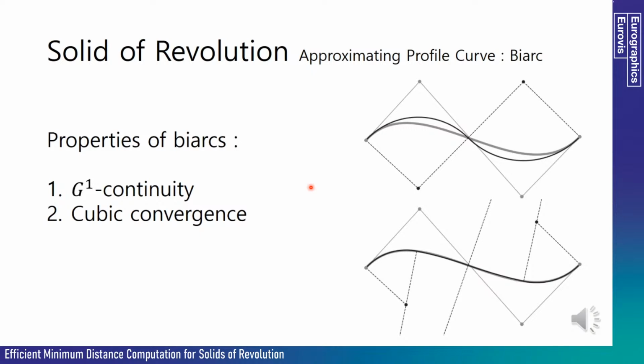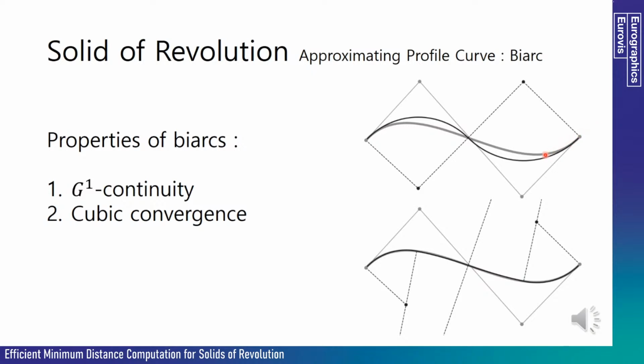Here, let me introduce some properties of biarc approximation. In the example shown on the right, you can see 2 circular arcs approximate the original curve. The 2 circular arcs, or biarcs, have the same tangent directions as the original curve at the endpoints.